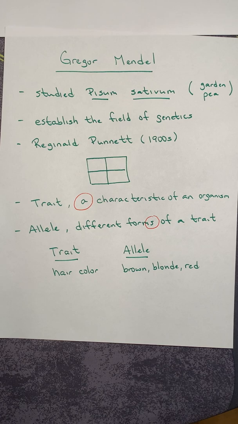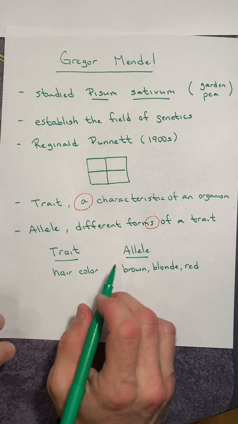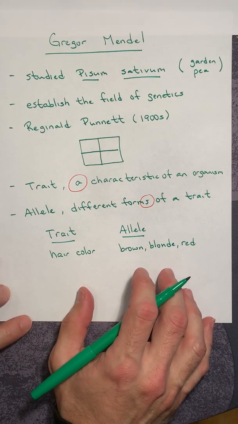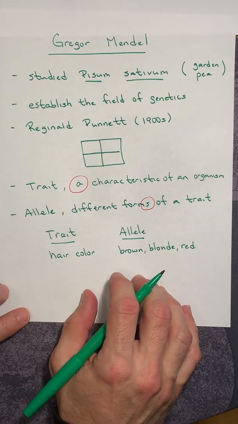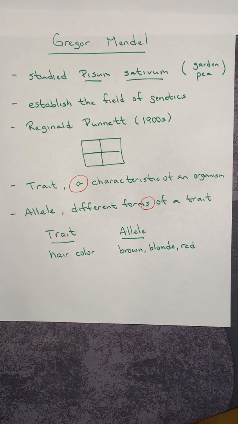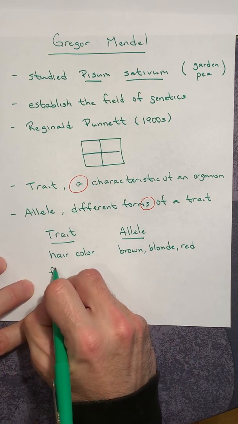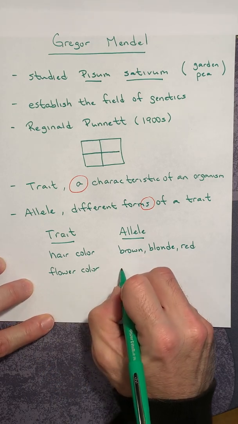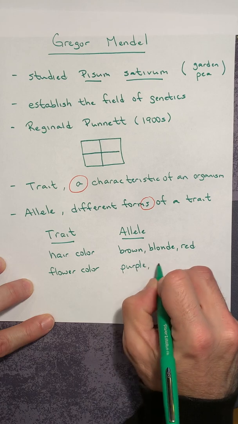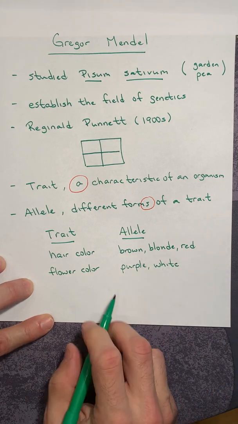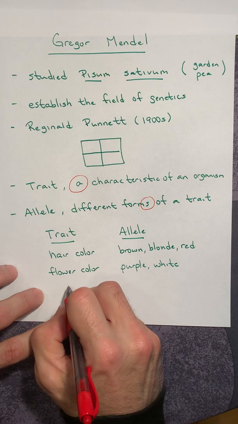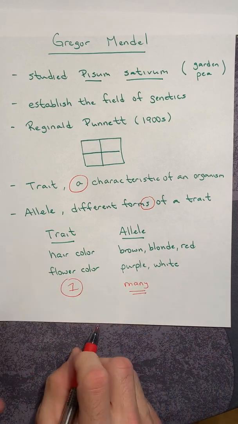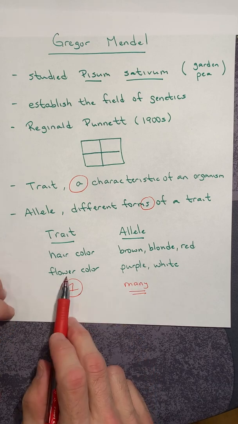If you take someone who appears to have black hair and put their hair underneath a microscope, it turns out that it's just really, really dense brown. If you take a look at Pisum sativum, you might get the trait of flower color. For them, the two alleles are the dominant purple and white. So there's always one trait, but there are many alleles. These are the different forms of the trait.